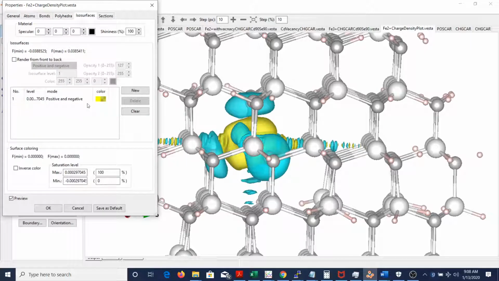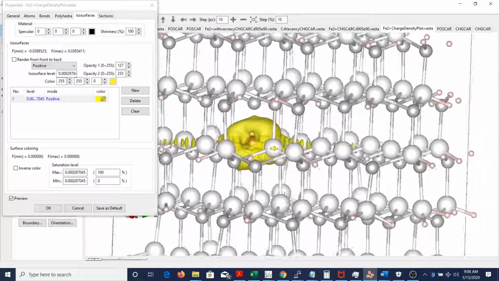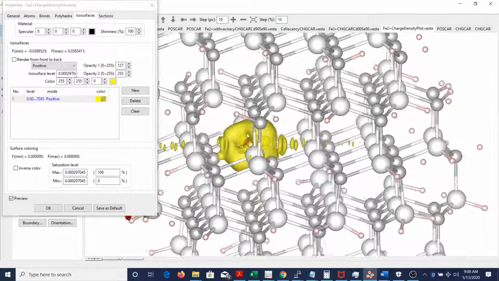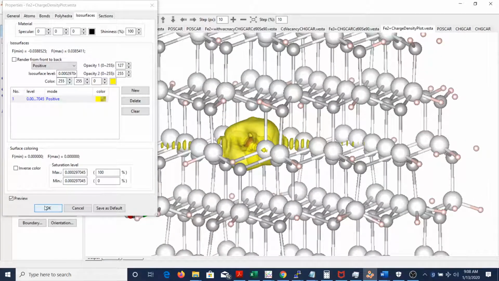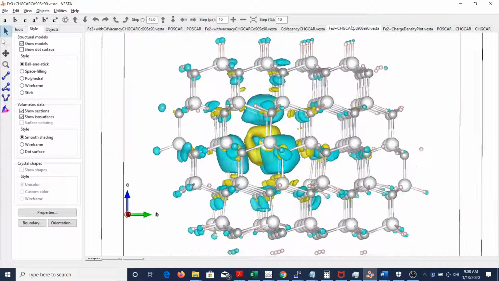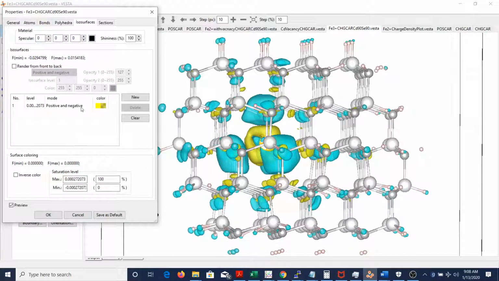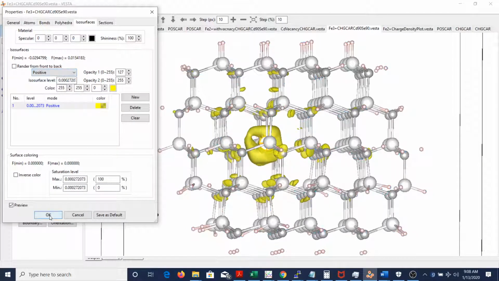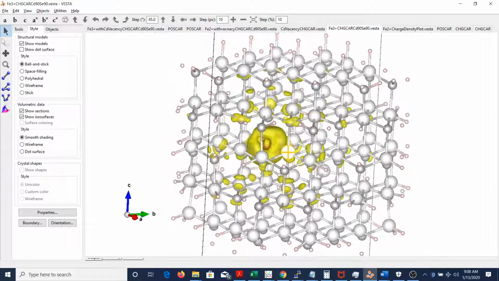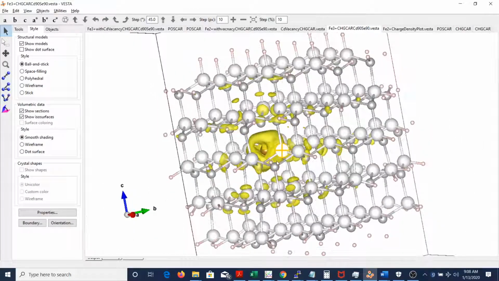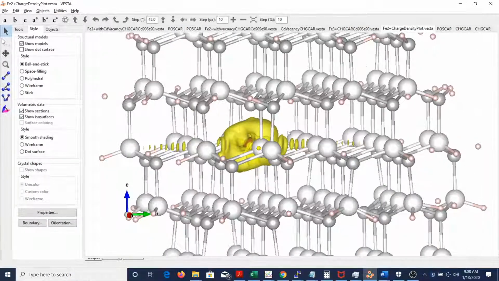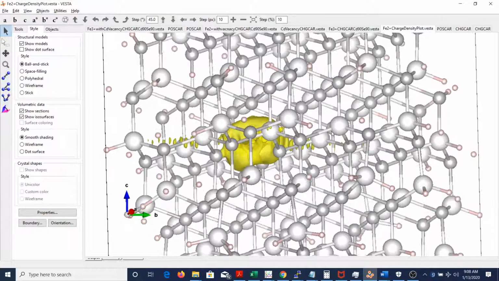If you look at just the positive, we see this is a little bit different than what we have for this case. So let's set this also to just positive. Here, just focus on the difference between these two.